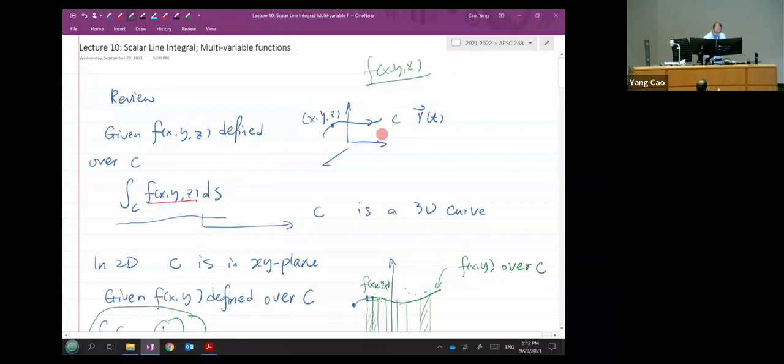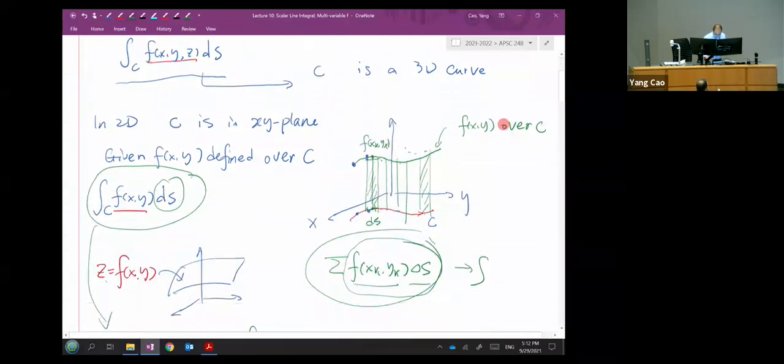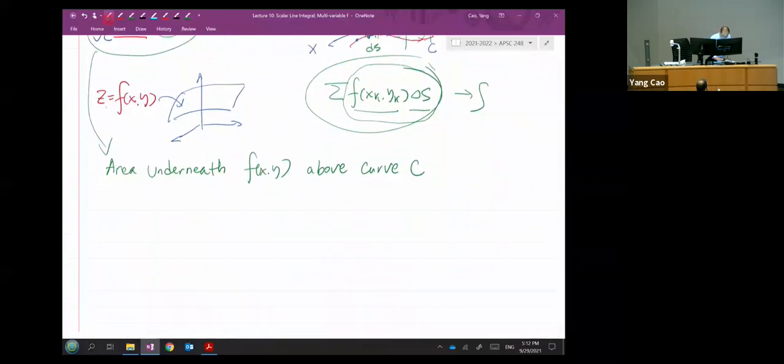You cannot plot it anymore in the x, y, z 3D space. Either way, there are different ways of understanding. That's the beauty of math, right? You put down a formula, you can understand it from different perspectives.